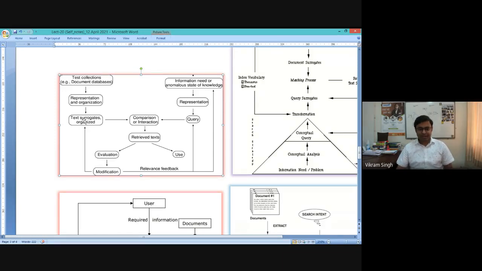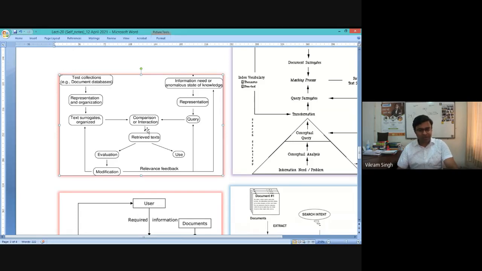After getting the text surrogate, it is sent to the comparison. On the parallel side, the information needs, or understanding, are represented in the form of some GUI or some arrangement, in the form of a query, and it is sent to the comparison. So this is one of the understandings that can be drawn.